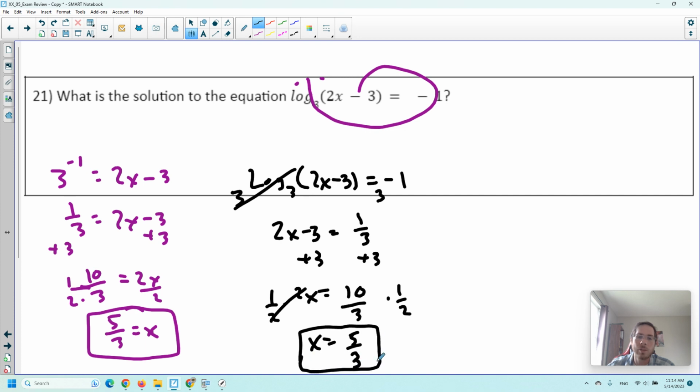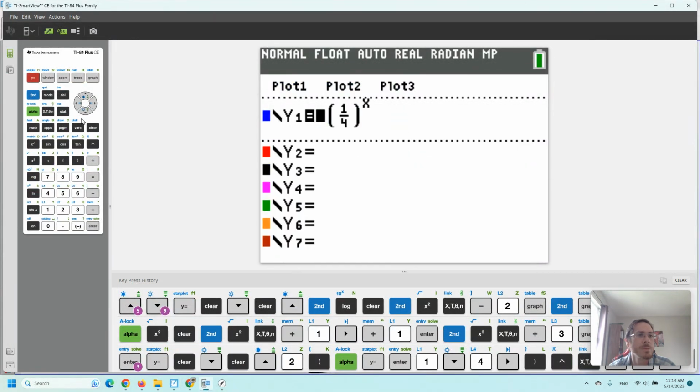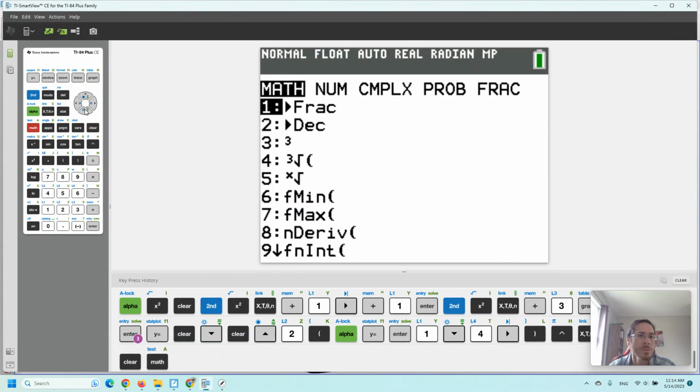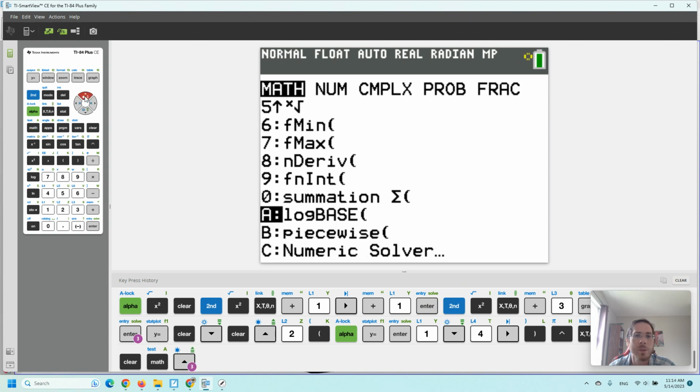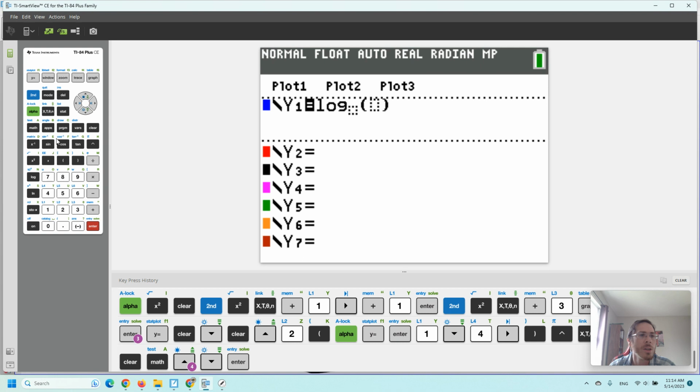And if we do want to use the graph, we could also graph it. So log base 3 of 2x minus 3. In the math menu, we've got to go to the log base. So there we go, log base 3 of 2x minus 3.